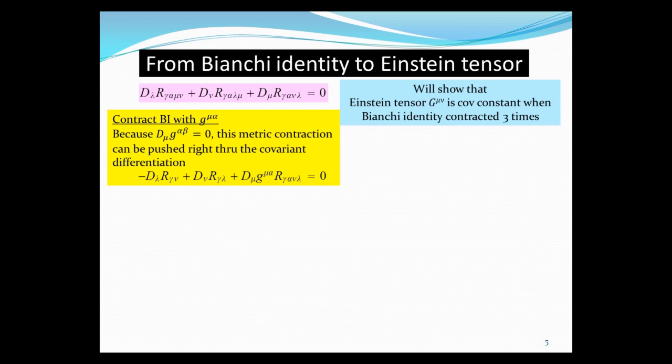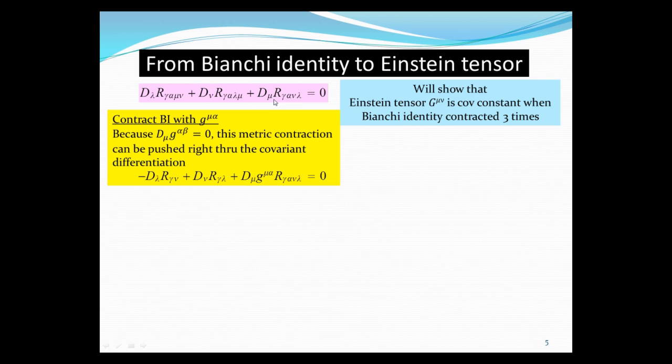So we can just push it across the covariant derivative. We multiply by g mu alpha, push across the covariant derivative, and contracting mu alpha should become the Ricci tensor. Working it out, because of the minus sign, and in the same way, this becomes the Ricci tensor.